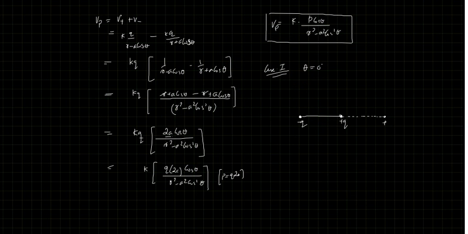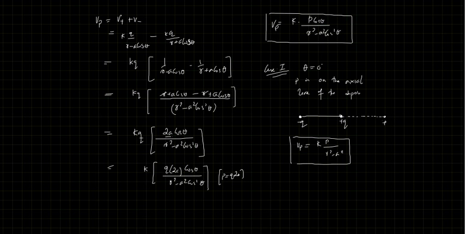We remember we have determined the electric field on the axial line. So P is on the axial line of the dipole. In that case, Vp would be K P by R square minus A square. This is the potential at P, and on either side also.